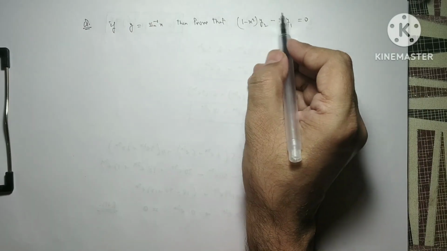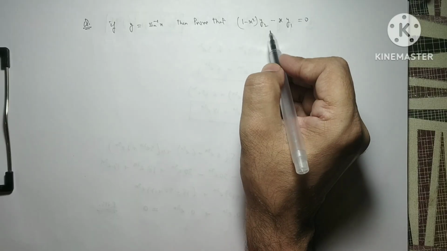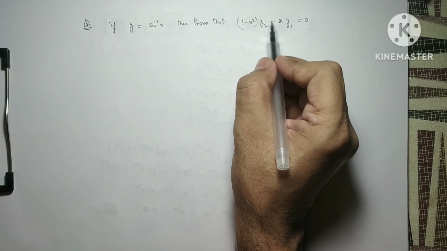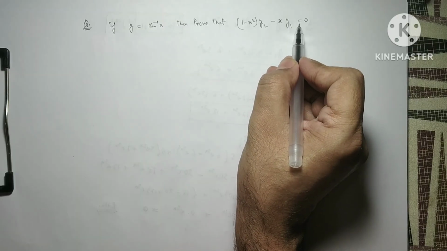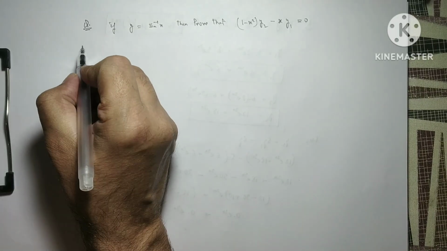Either you can prove this by manipulation, or you can do this question like the previous question. We will put the value of y2 and y1 on the left hand side, and we should show the result will be 0.